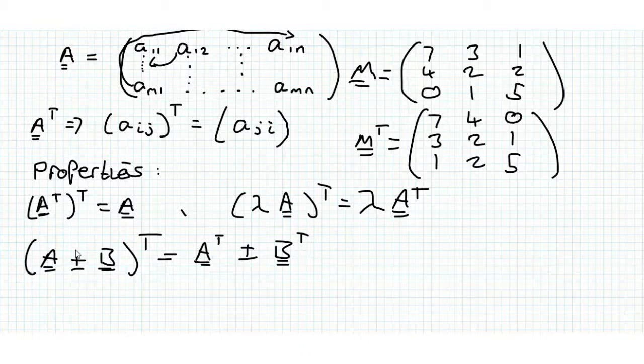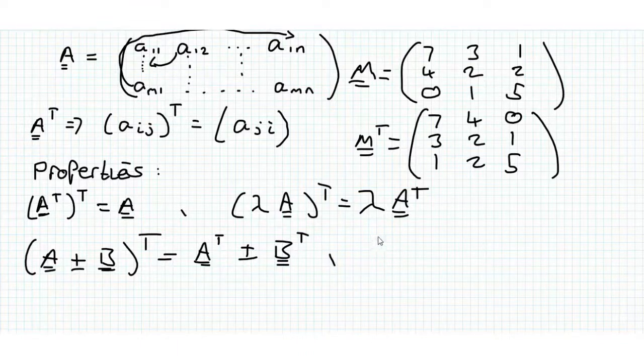Just call a matrix A and a matrix B. A and B have to be the same size, obviously, as we've shown in a previous video for addition and subtraction. But apart from that, pick two matrices of the same size, add them up, take the transpose, and then take the transpose of each and add them up. Maybe do that for a specific example, and then think about how you can show that it works generally. Maybe we'll go through that example in tomorrow's video.